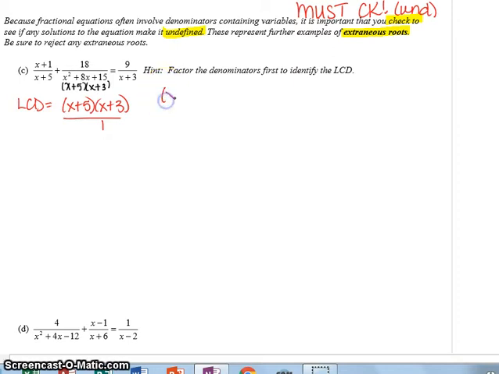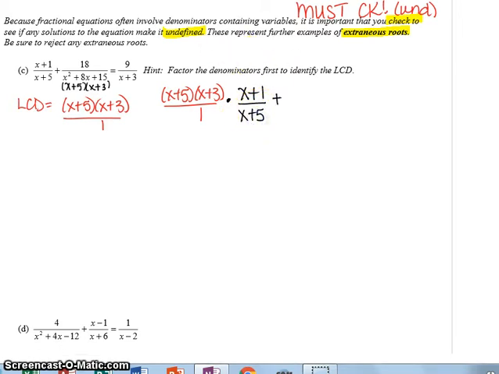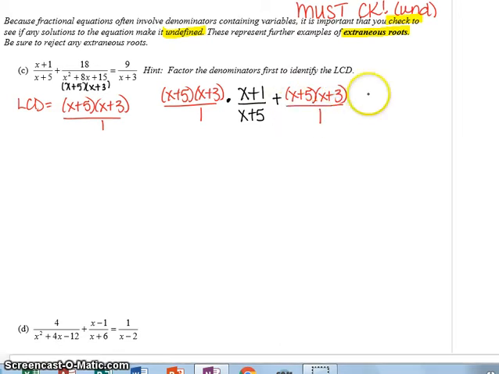So I'm going to take my x plus 5 times my x plus 3 all over 1. That's my LCD. And I'm going to multiply it by that first fraction. So it's x plus 1 over x plus 5. Okay? Second fraction. You take your LCD again. So x plus 5 times my x plus 3 all over 1. And you multiply it by that second fraction. That second fraction is 18.